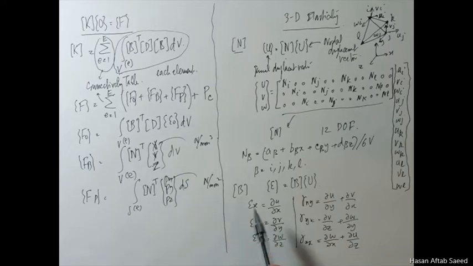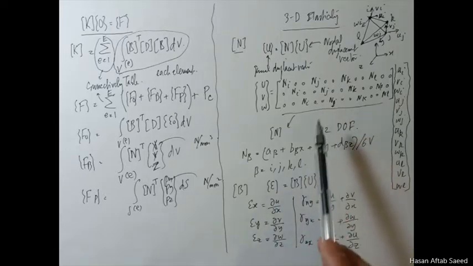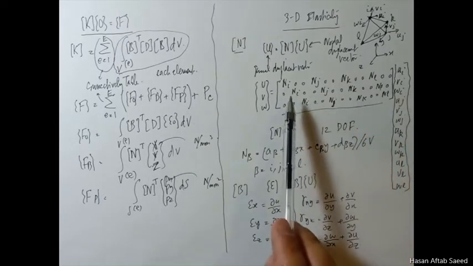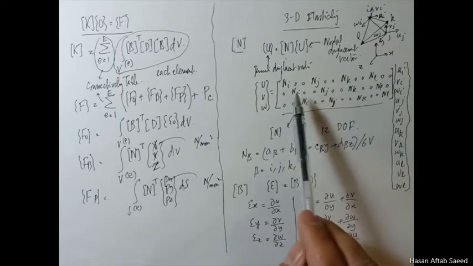So now we must see what this expression looks like, and it's not very difficult to see because we know that the B matrix is obtained by some sort of differentiation of this N matrix, because the N matrix gives you the values here.